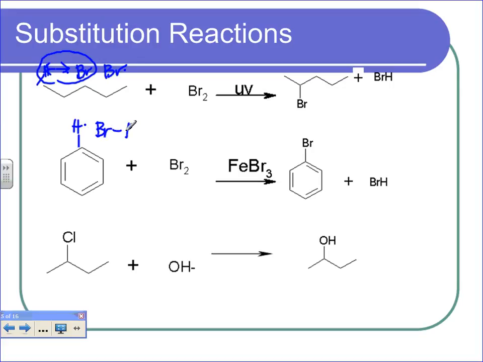Same thing, the bromine and the hydrogen atom essentially trade places, and so the benzene becomes substituted with bromine. The FeBr3 in this case is a catalyst. We don't need to know the details of it, but it does help to weaken the bonds in bromine. This substitution is not one that we're going to worry about, so you can cross that one off. It's just substituting one functional group for another.